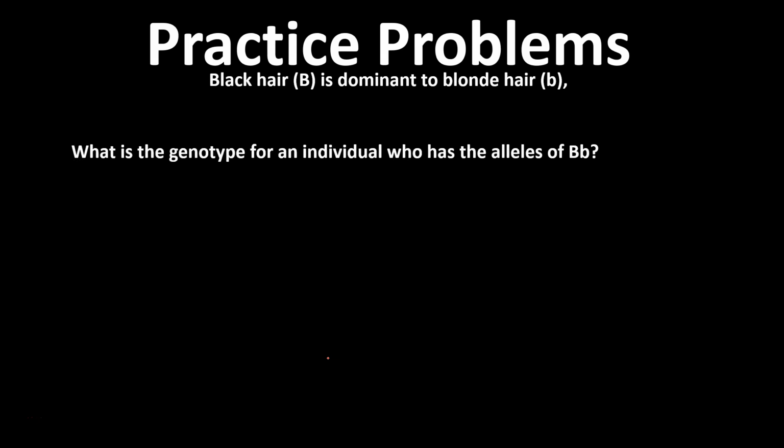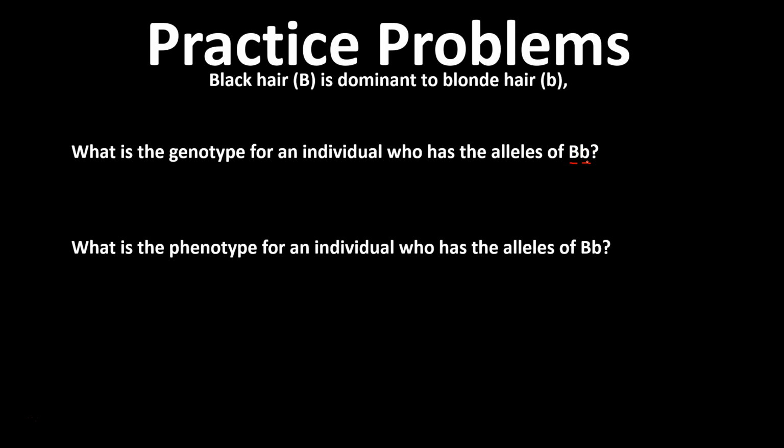Here's a couple more practice problems for you guys to do. Just basic word problems. Black hair is dominant to blonde hair. What is the genotype for an individual who has the alleles a dominant B and a recessive B? A dominant allele and a recessive allele. What do we call that genotype? What is the phenotype for an individual who has the alleles dominant and recessive?